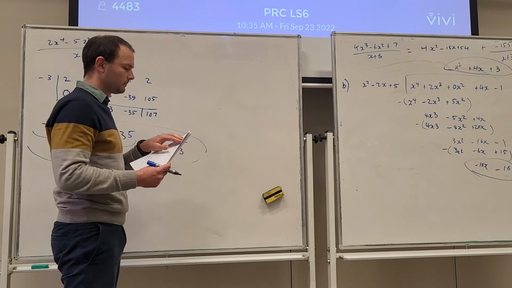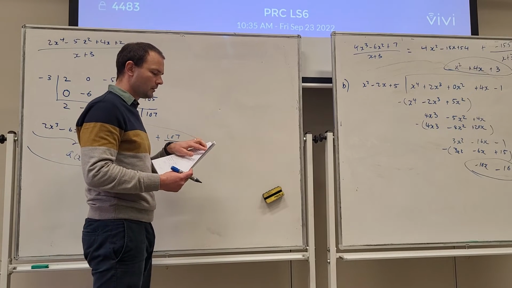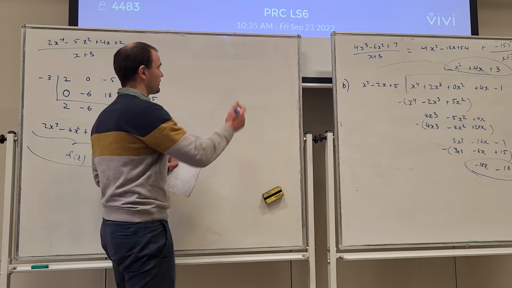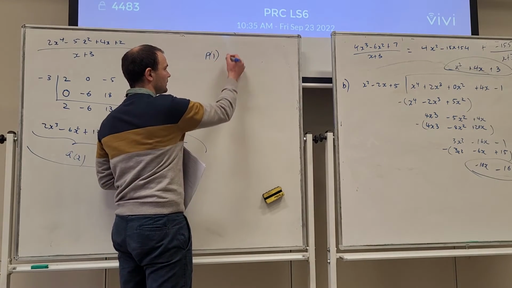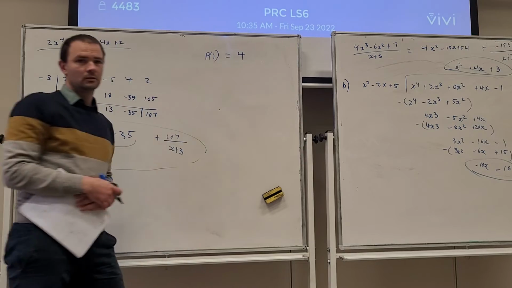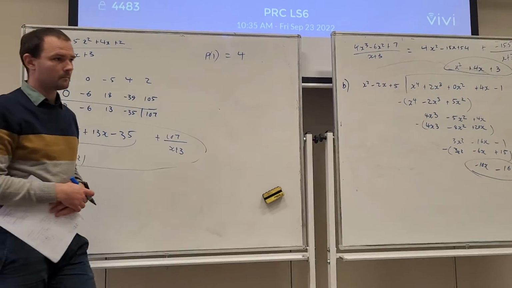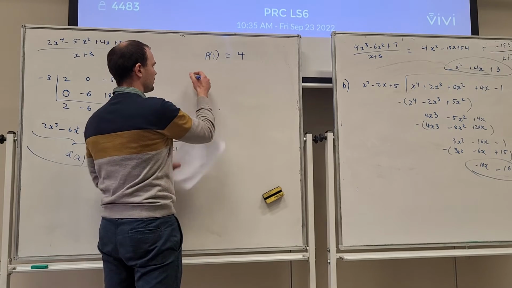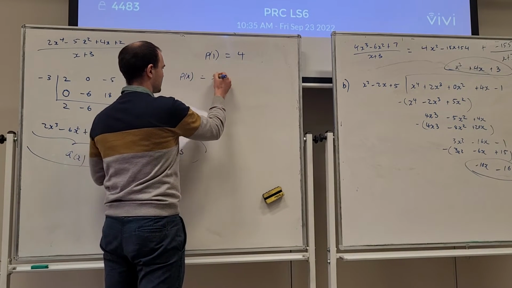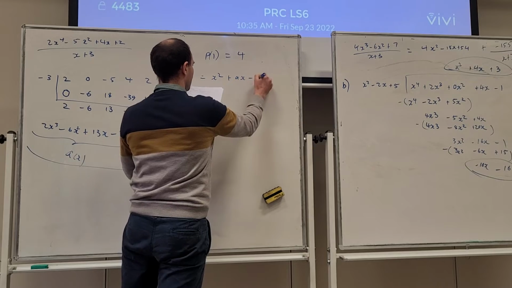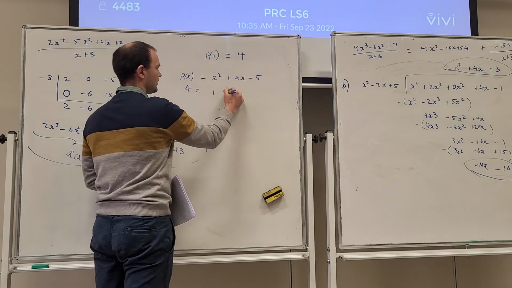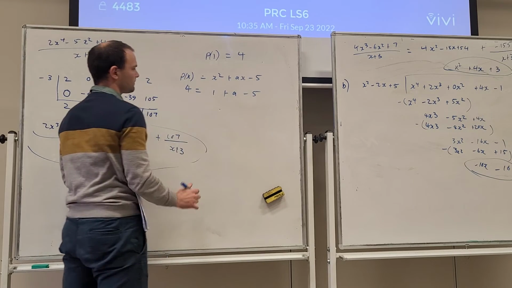Find a, given this polynomial, when it's divided by x take 1, the remainder is 4. What this means is p(1) equals 4. And so when we consider the polynomial x^2 plus ax take 5, if we're finding p(1), we're going to have 4 equals 1 plus a take 5.